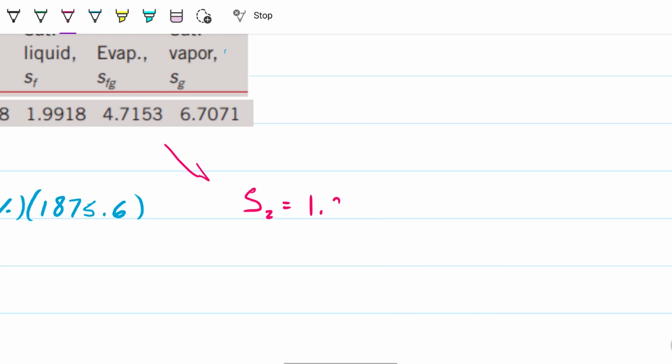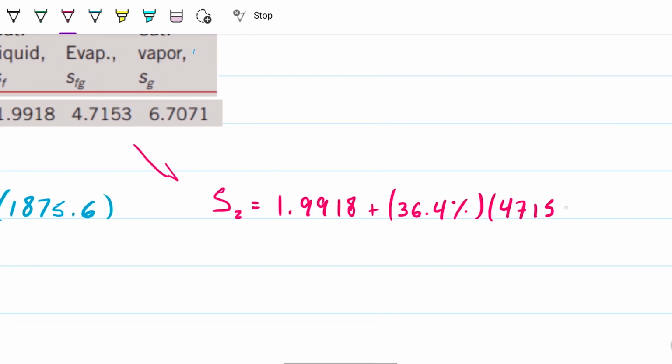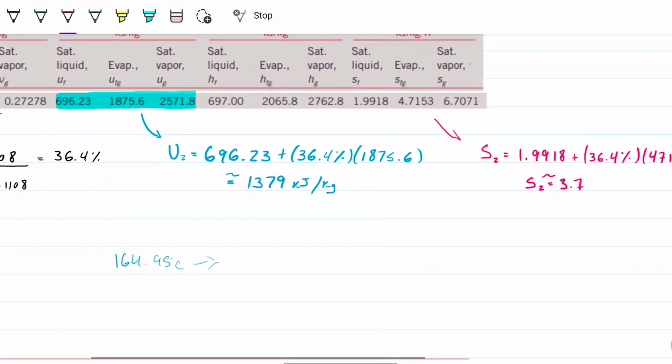S2 will be 1.9918 plus 36.4% times 4.7153. S2 will be about 3.7. Okay, so 3.7.